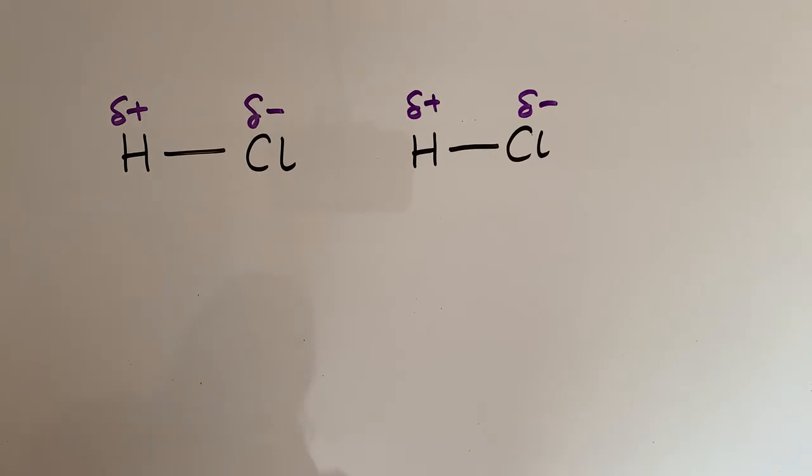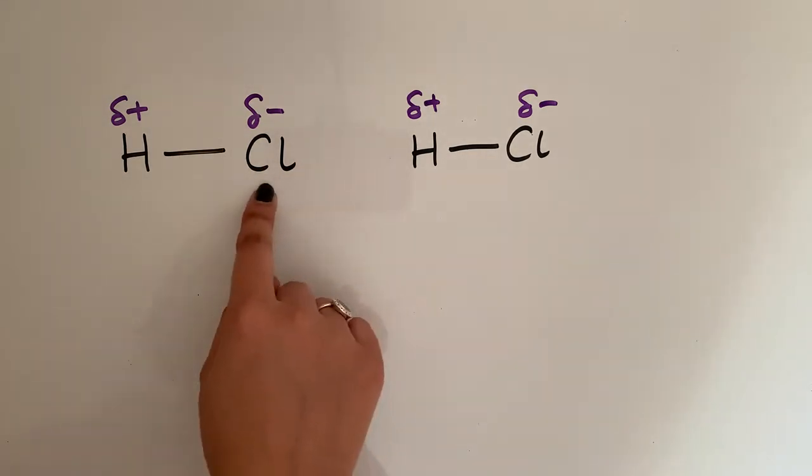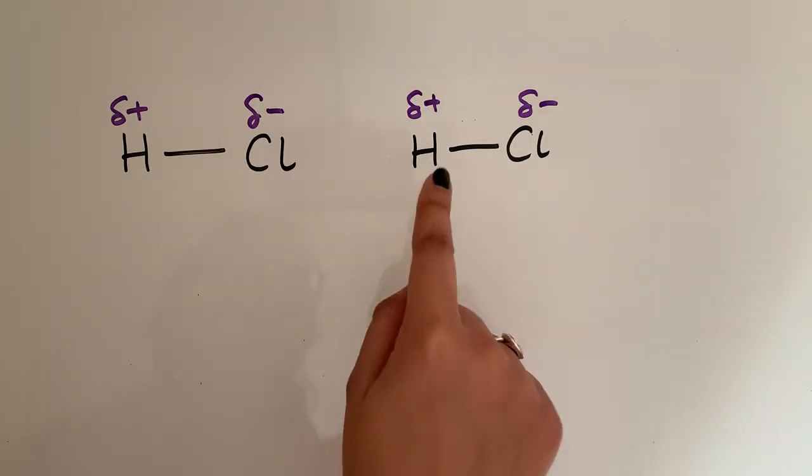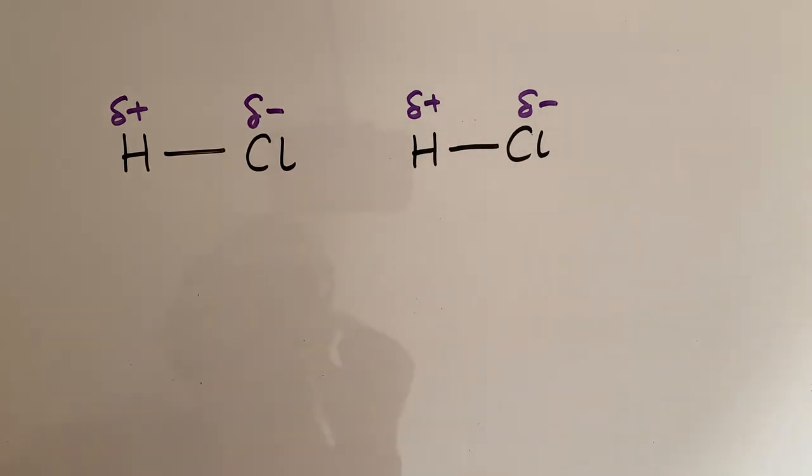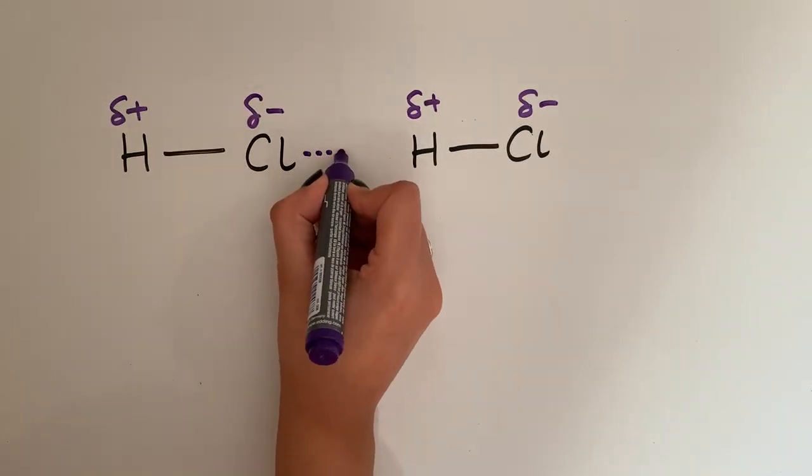And as we know, negative attracts positive, or opposite charges attract each other. That means between the chlorine delta negative and the hydrogen delta positive on another molecule, there is going to be an interaction.